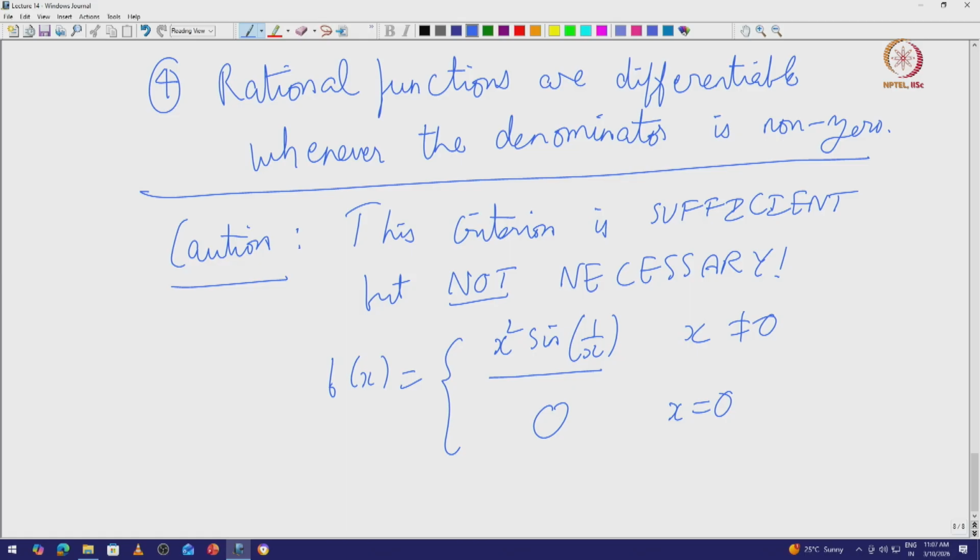Well, maybe I can just, so the derivative is, it turns out, maybe I'll erase this function.